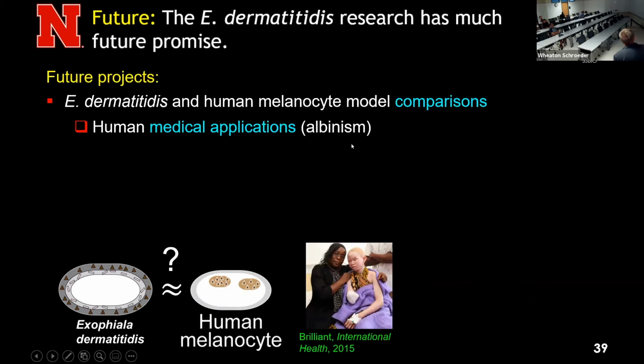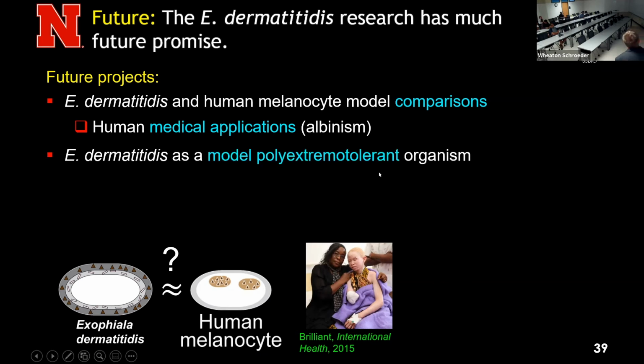This would be particularly impactful for melanin deficient diseases like albinism, and this would be most impactful in Africa. So we can see this particular girl here had her limb removed simply because she was albino. So it causes certain medical and social dangers that we could hopefully treat in future.